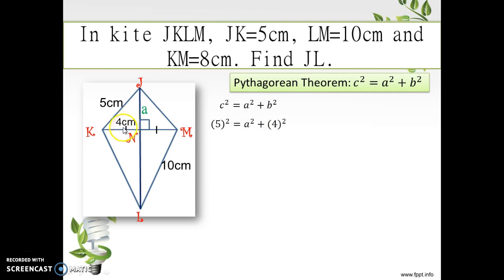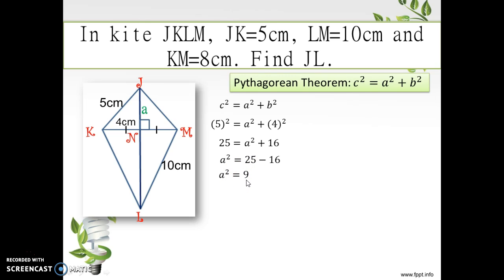So A, B, C. So we have the square of 5 is 25, and the square of 4 is 16. So by algebraic manipulation, we have A squared equals 25 minus 16. Simplifying it further, we have A squared equals 9.